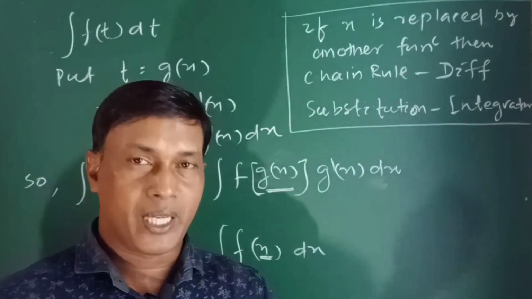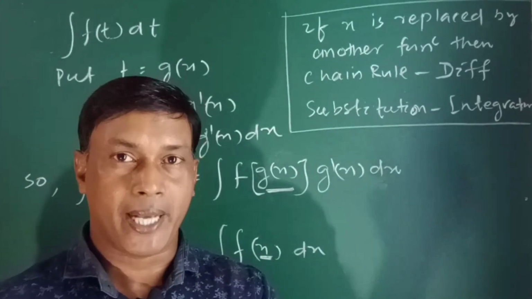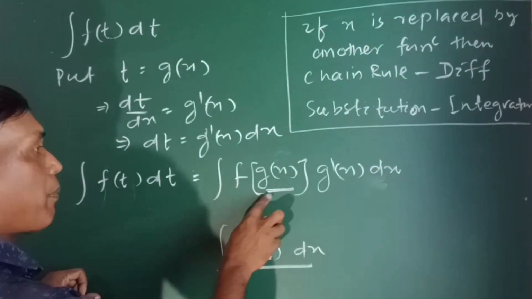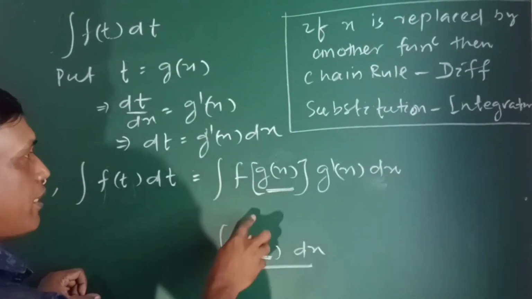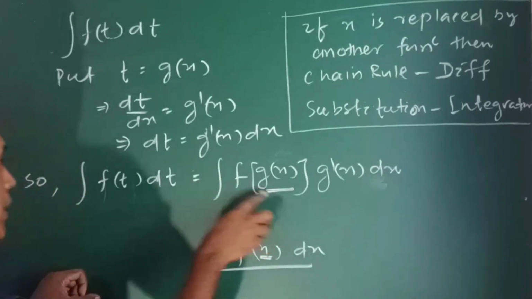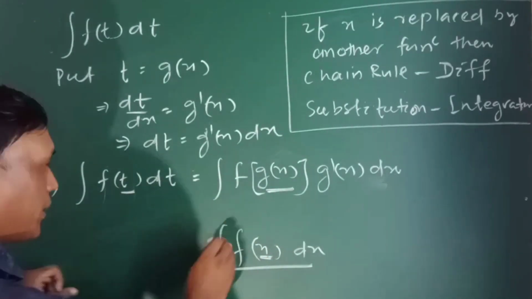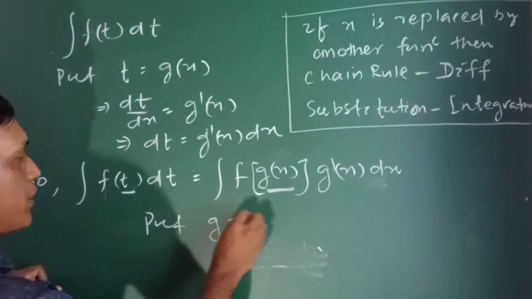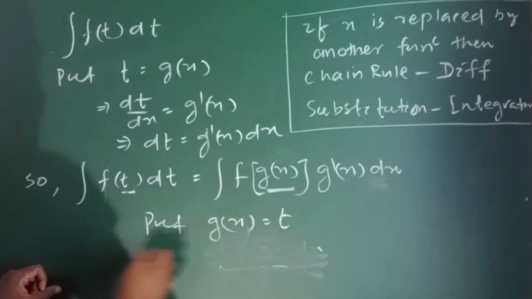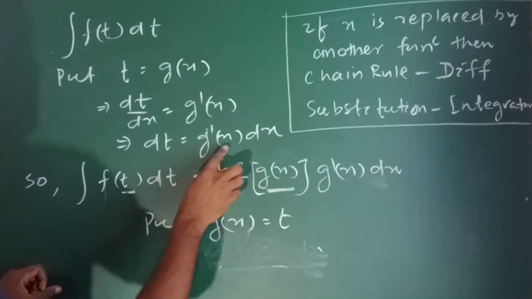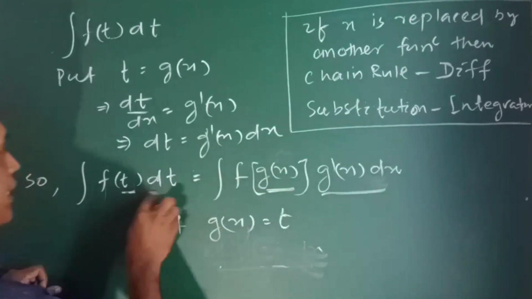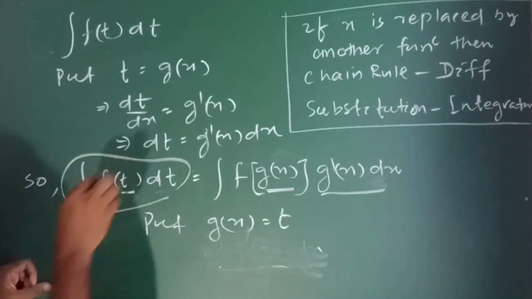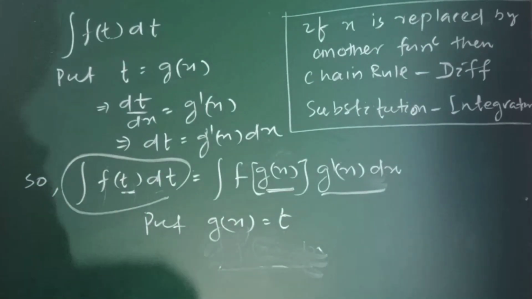Substitution means you have to substitute a variable in place of that function. If you are given to integrate f of g of x, then substitute g of x is equal to t. Put g of x is equal to t. Then g dash x dx is dt, and this becomes the integration of f of t dt.